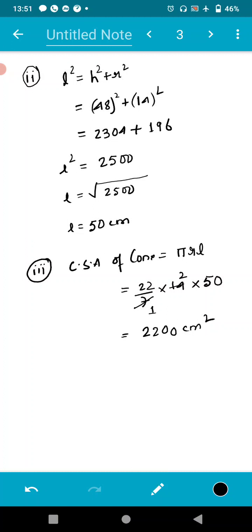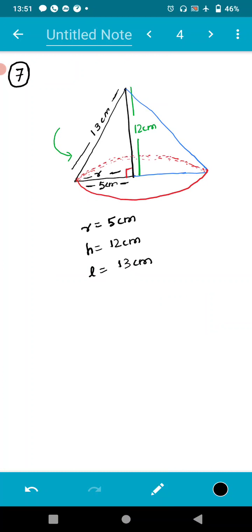Now let's move on to the last sum of today's session, that is question number 7. As you see on the screen, there is one triangle given. The dimensions of the right angle triangle ABC are given. I have drawn it like this. So this is the main triangle with black color.